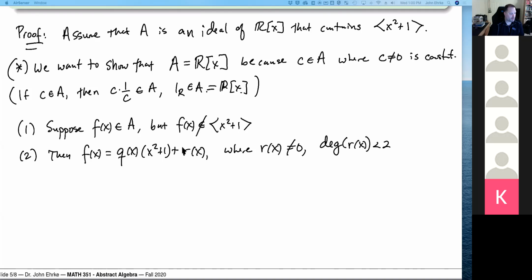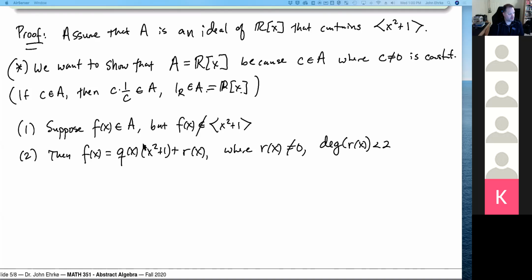I know that the remainder can't be 0 because if the remainder is 0, then f of x is a multiple of x squared plus 1, which puts it in this principal ideal, but I just assumed it wasn't in that principal ideal. So I know I have to have a non-zero remainder, and I know the remainder has to have a degree less than the divisor.